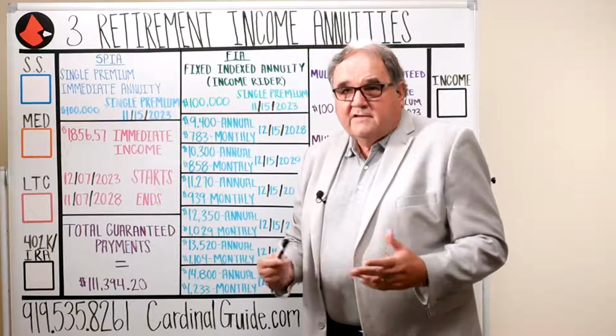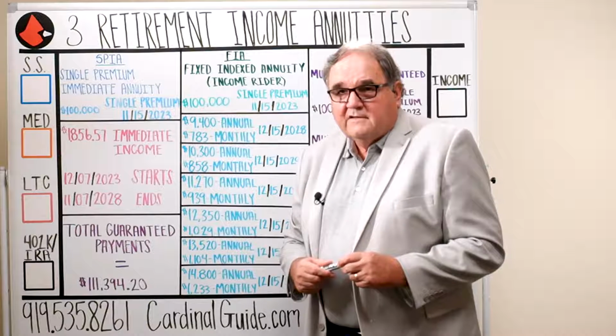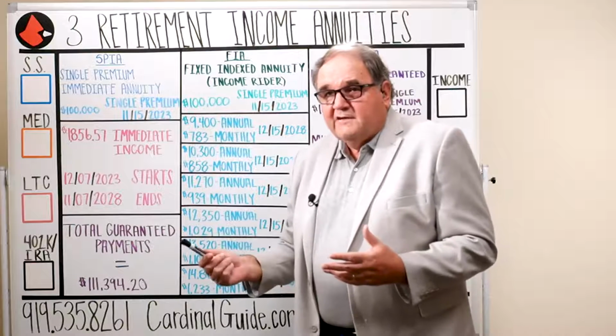If they needed $3,700 a month, we'd just put $200,000 in here, or somewhere in between. If they needed more than that, we'd approach $300,000.